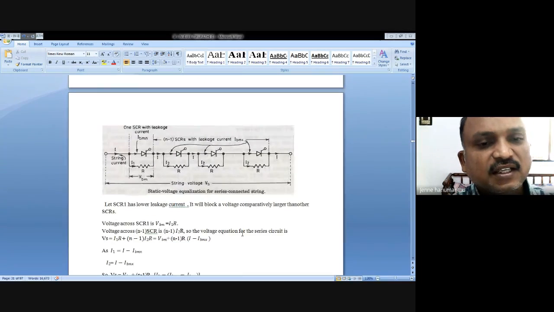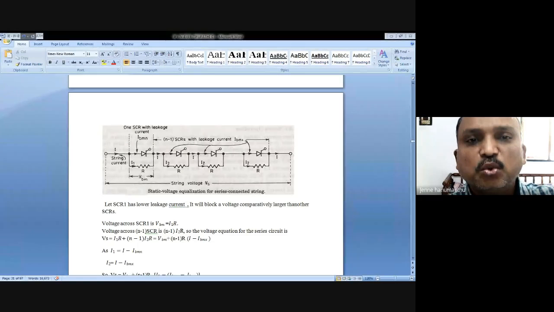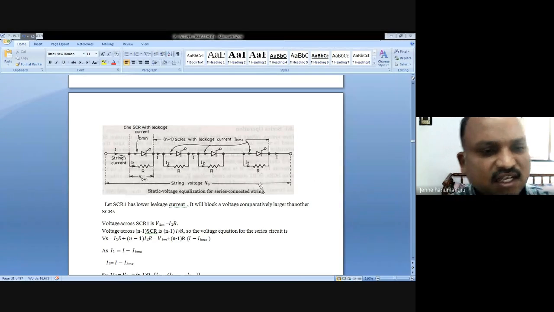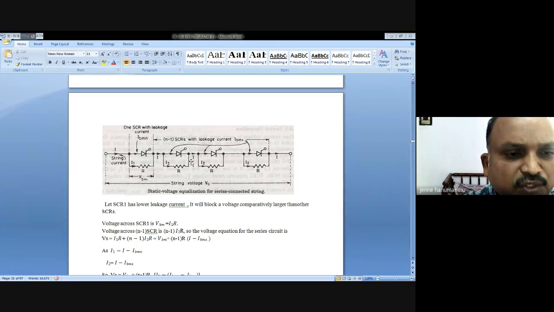You see, now here I connected only two thyristors. Here see thyristor 1, 2, 3, 4 like this. These are all connected. Remember, this is one thyristor. The other thyristors are of equal ratings.